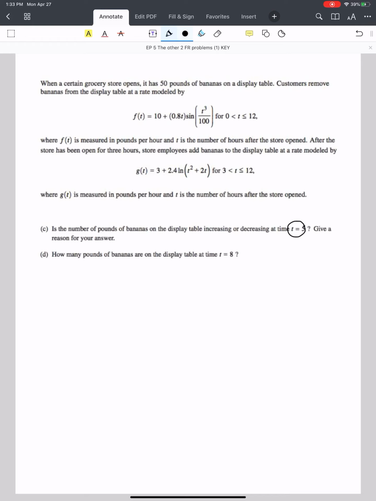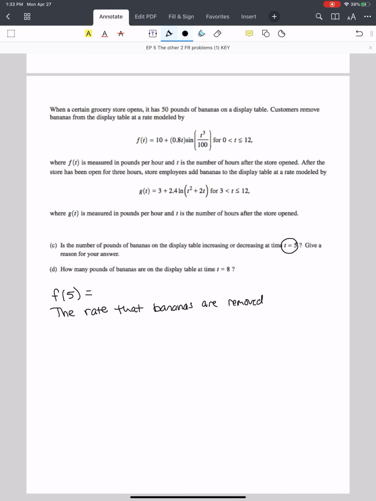So find what the rate is. f of 5 is equal to, and I'm going to find that number, the rate that bananas are removed, and g of 5 is the rate that bananas are replaced.